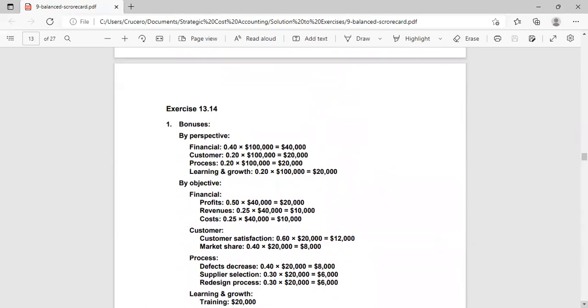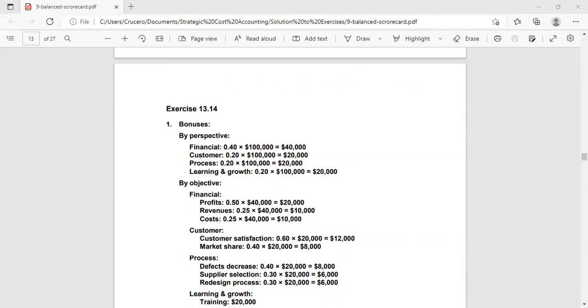Number one is review here for number 14. What are the requirements of number 14 here? Refer to exercise 13.